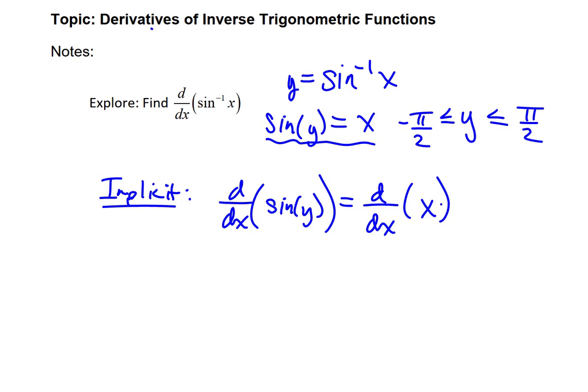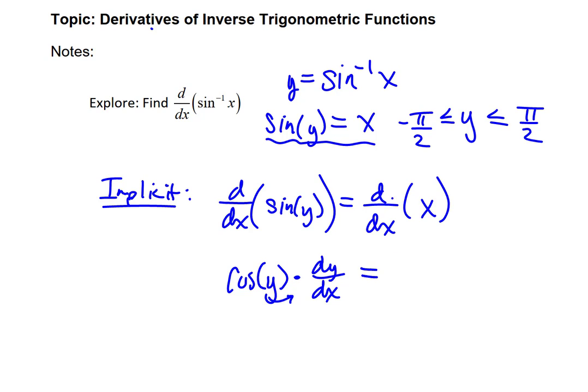On the left side, I could see this as a composite function. The outer function is the sine. The derivative of sine is cosine, but I keep the inner function as is at first, that's the y, but then I multiply by the derivative of that inner function, which would be dy dx. Okay, so we've seen that already when we were discussing implicit differentiation.